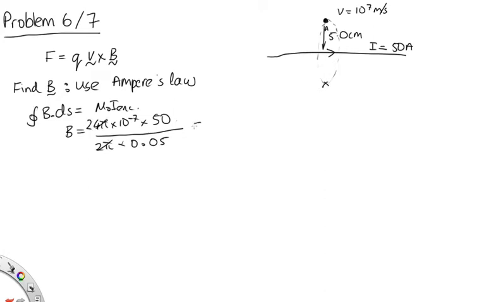So solving this on the calculator, we find that B is equal to 2.0 times 10 to the minus 4 teslas, and it's in the direction we've drawn this path, coming up out the top and going down in like that.